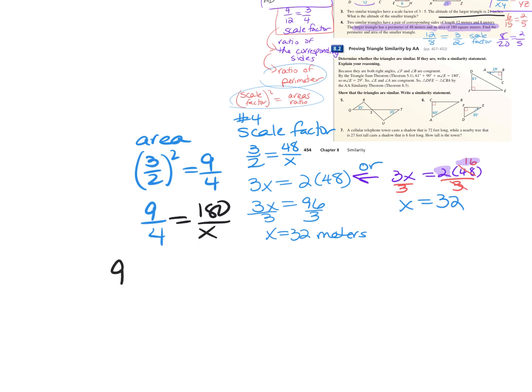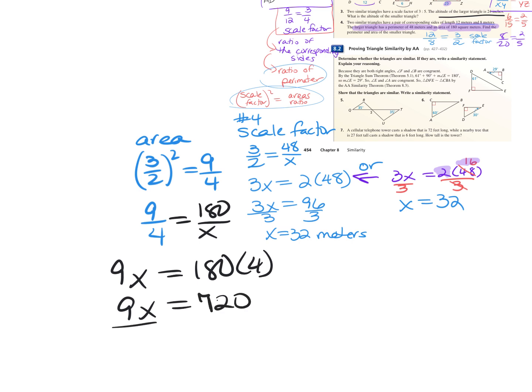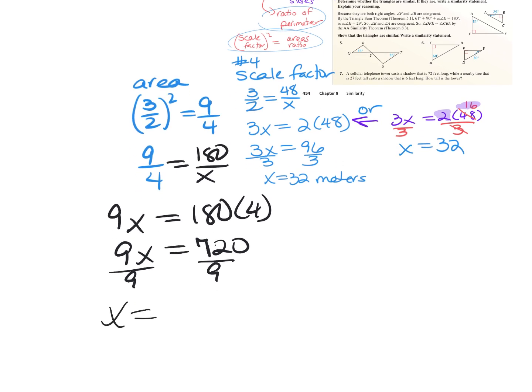So again, I'm going to cross multiply 180 times 4. If I want to go ahead and multiply that, I get 720. Divide by 9, and x equals 80 square meters.